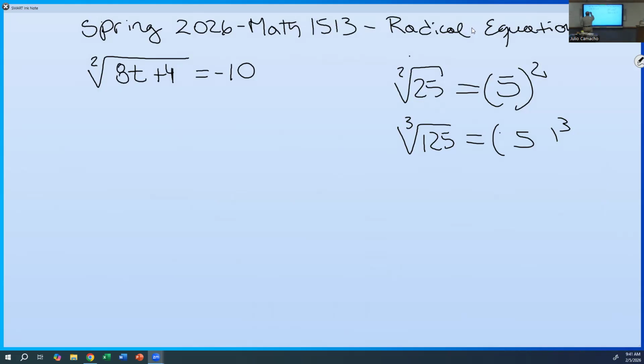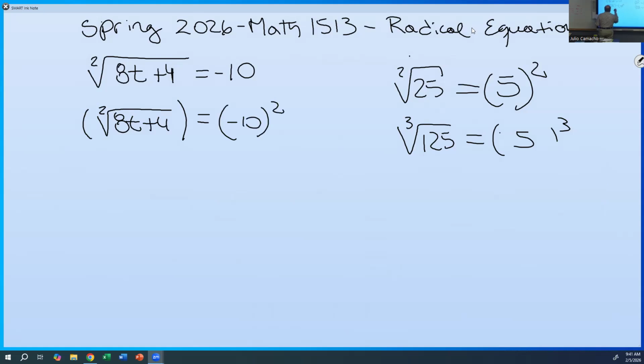That is the reason the only way to solve that would be to raise the whole thing to the second power, this part of the equation, and then this part of the equation. Even though the answer is no solution, I want to show you why. So when you do that, what happens?